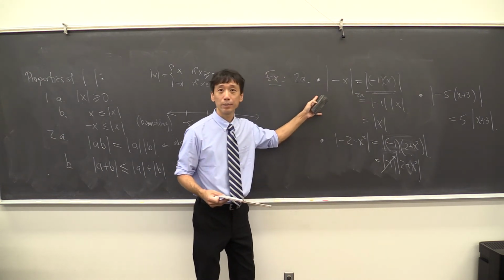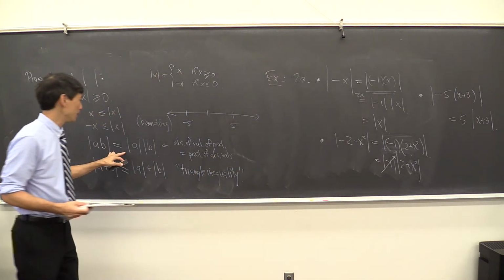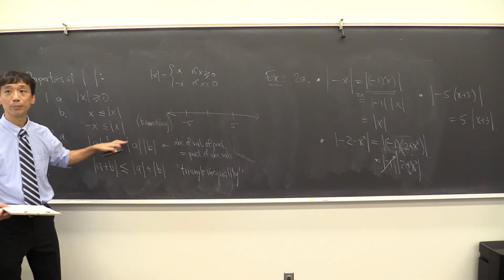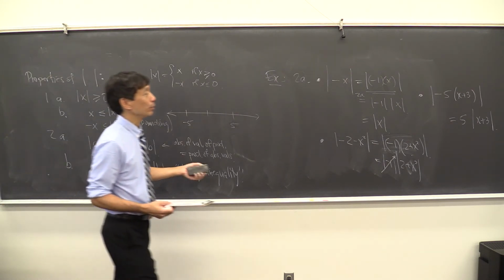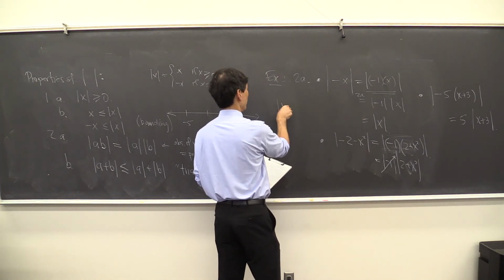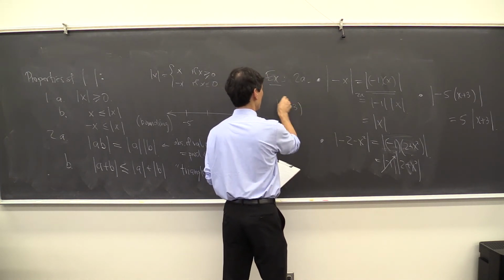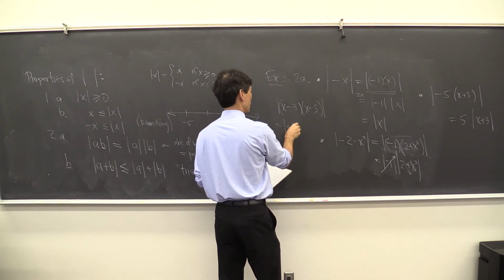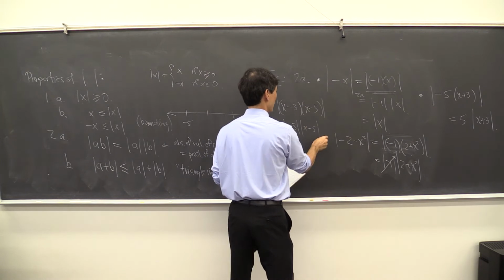Is that sort of thing clear? So this property will be useful to you mainly to pull out constants, or to break something into factors. Right? Like if I have x minus 3 times x minus 5, that's the same thing as the absolute value of x minus 3 times the absolute value of x minus 5.